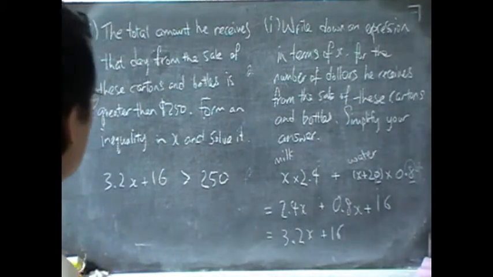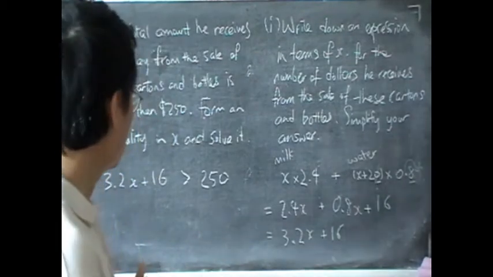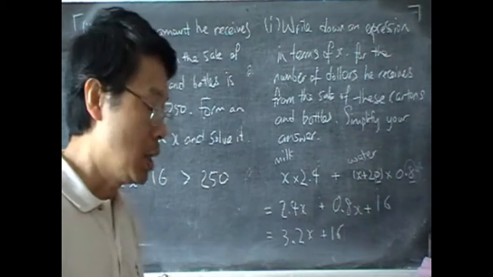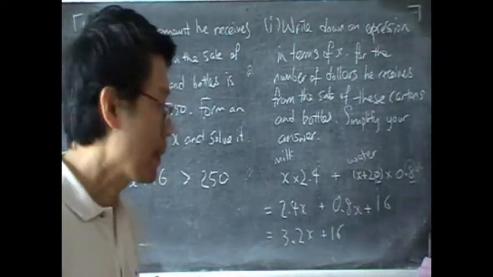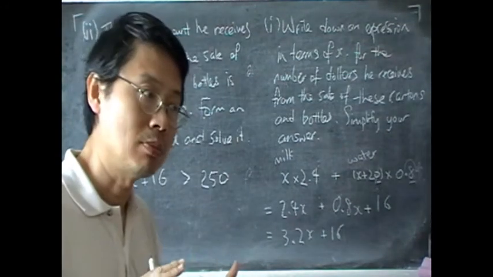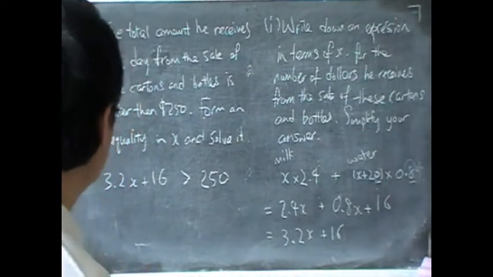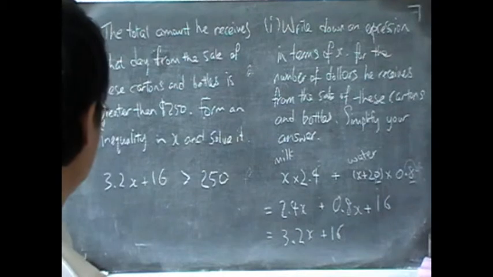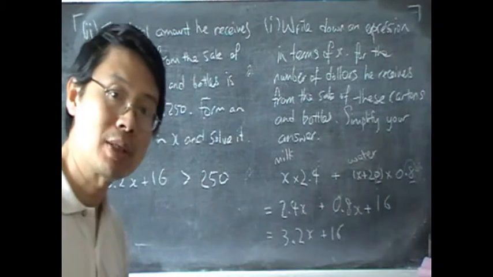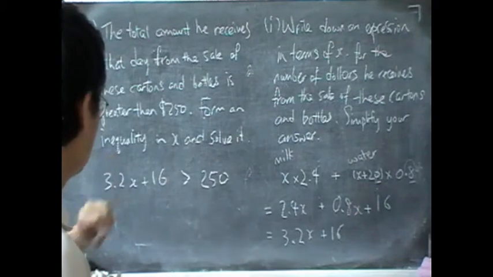The rules for solving an inequality, as I explained in earlier sessions, are the same as the rules for solving an equation, except that we have to be careful when we have to divide by things involving minus signs. So let's start with that.